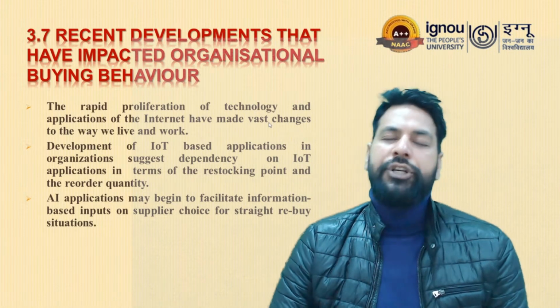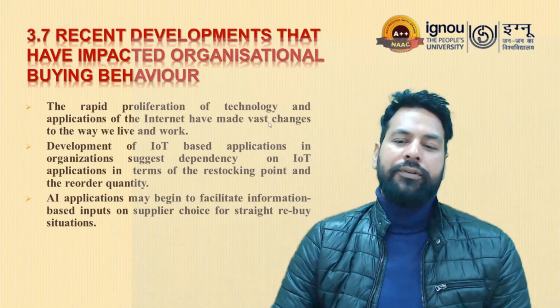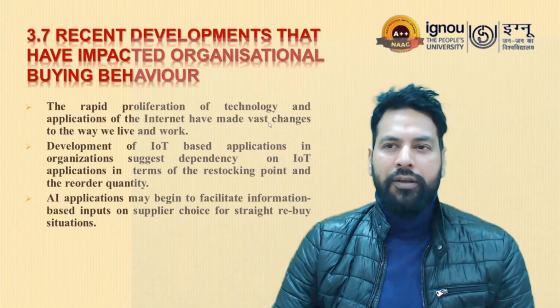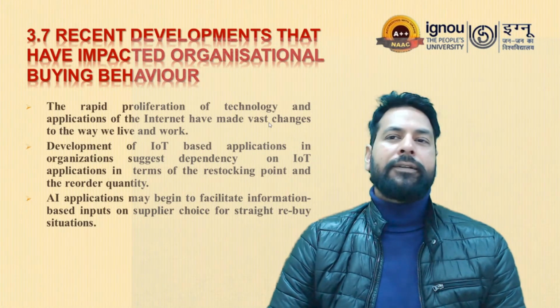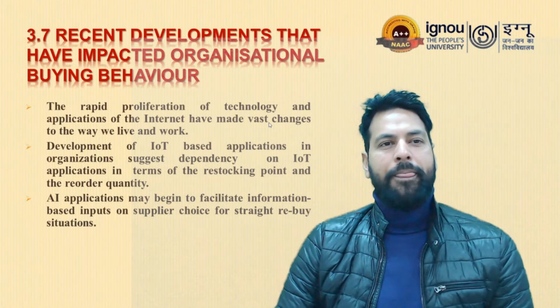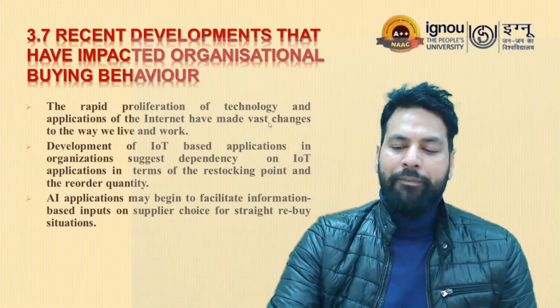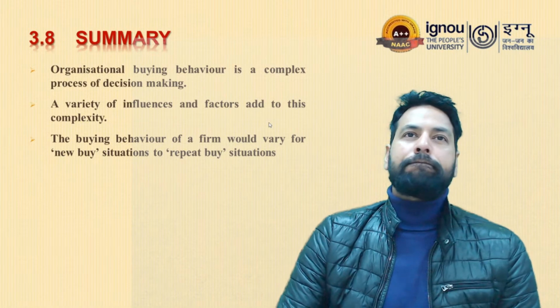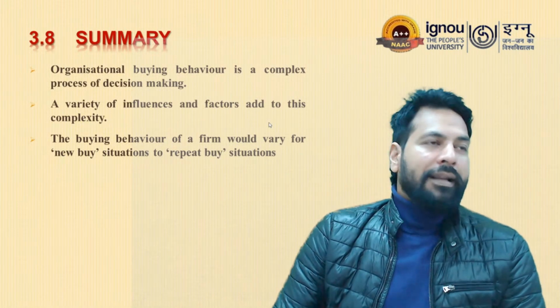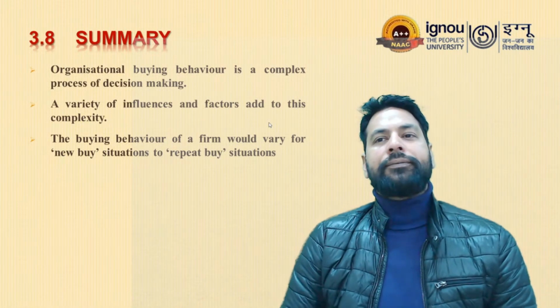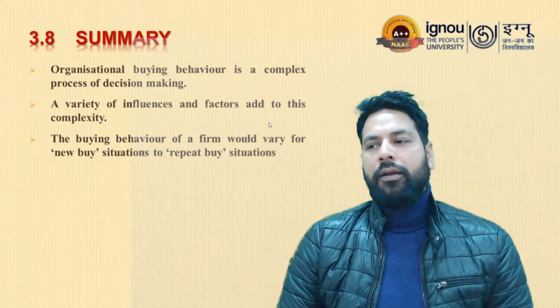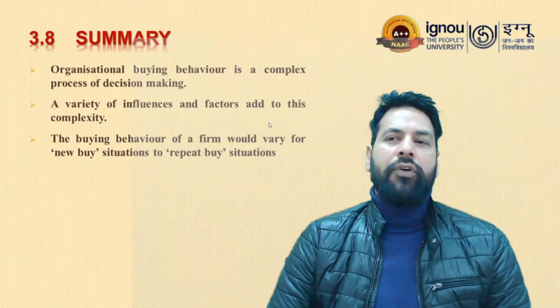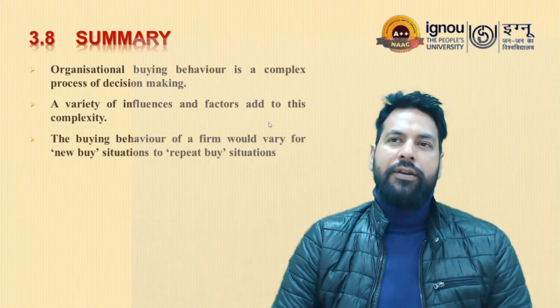But because of this technology, you can figure out your stock, your reordering point, and your inventory. So this recent development, that is the evolution of technology, especially the internet, has completely revolutionized this entire process of consumer behavior.